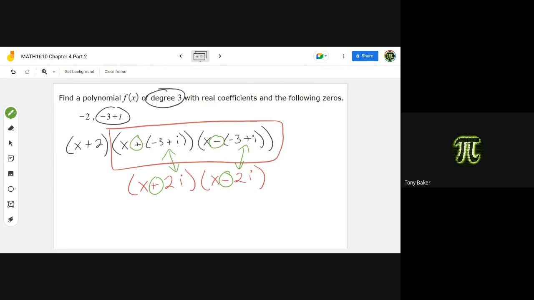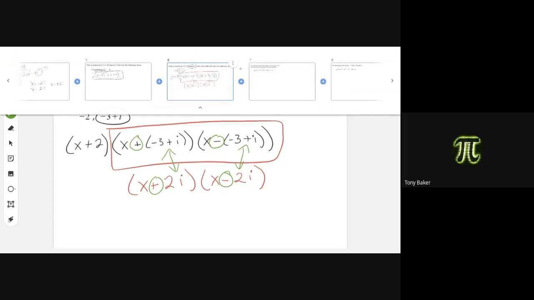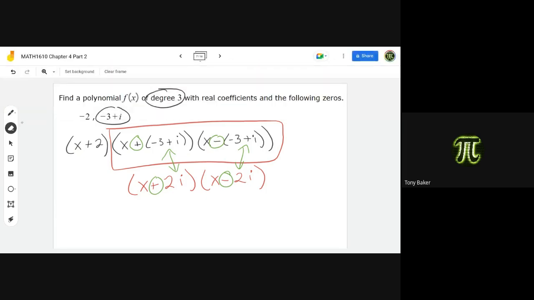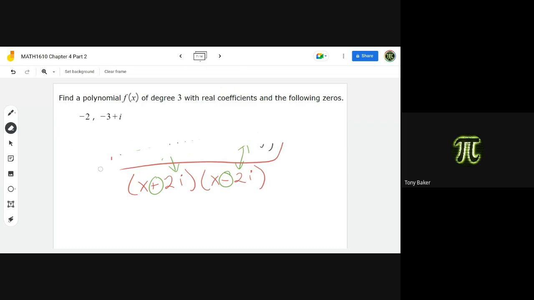Okay. And since it says a degree of 3, I have 3 parentheses. Okay, so I know I have a degree of 3. Just real quick so I can FOIL it out.